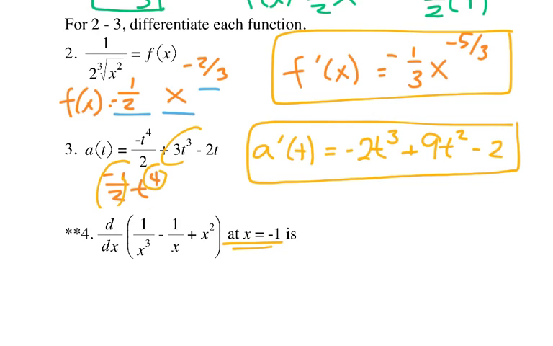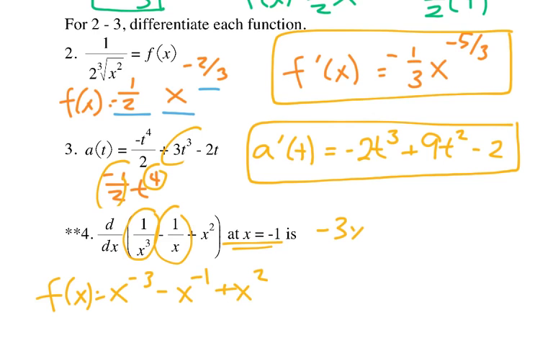I'm worried about a couple of these terms because they don't look like they're in the right form, so I'm going to change this to x to the negative third minus x to the negative first plus x squared. That's what my function is. And then I'm going to take the derivative. So I'm going to get negative 3x.